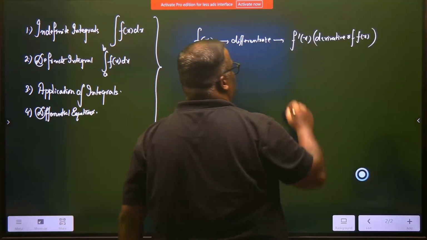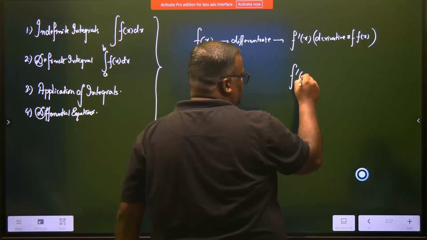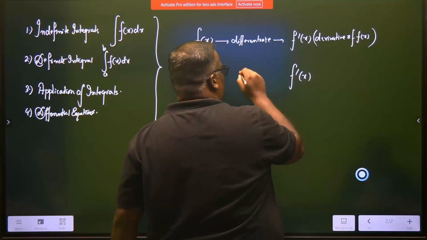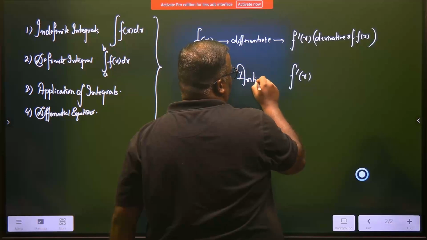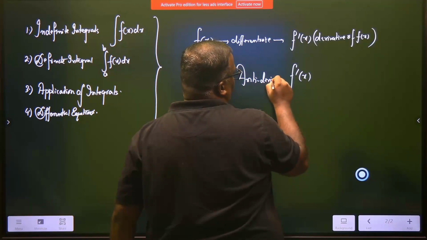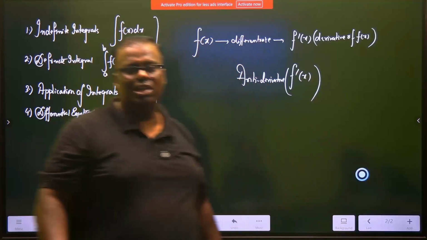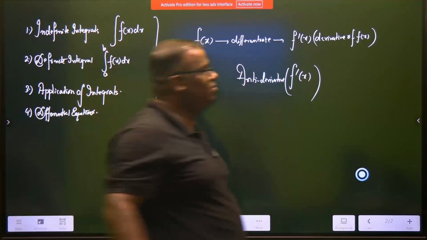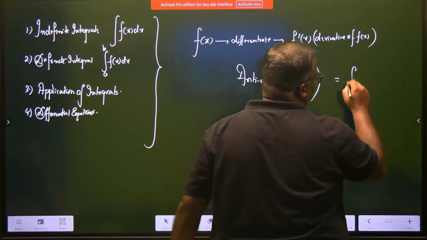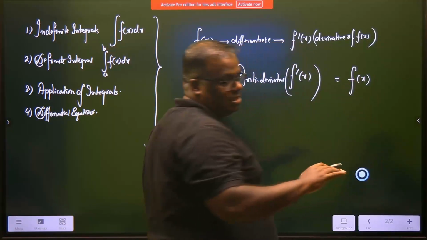Now, if you take f dash x, the derivative, and you process what is known as the antiderivative, this is how foreign universities will teach you. Antiderivative, what we call integration, is basically antiderivatives. You come back to the parent function f(x). Simple story.